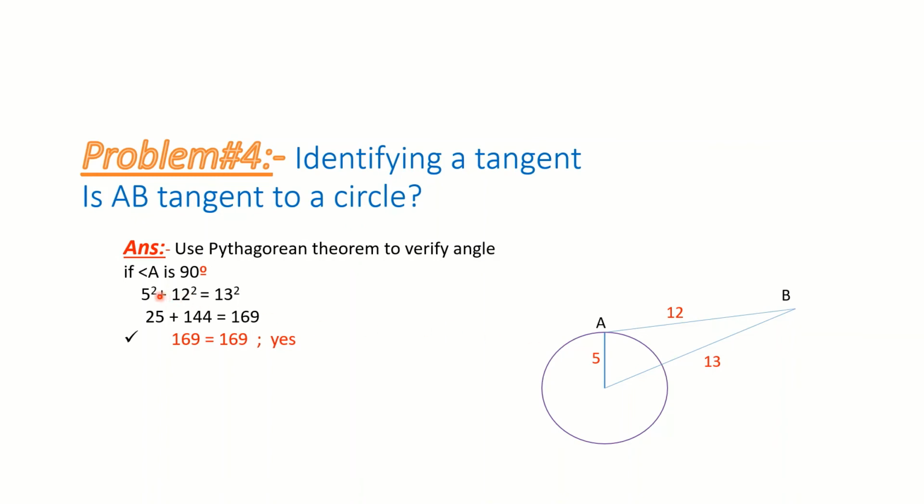Then 25 plus 144 equals 169, which means this is equal to this side. So your answer is yes, AB is tangent to the circle at point A and angle A is 90 because the Pythagorean theorem is verified.